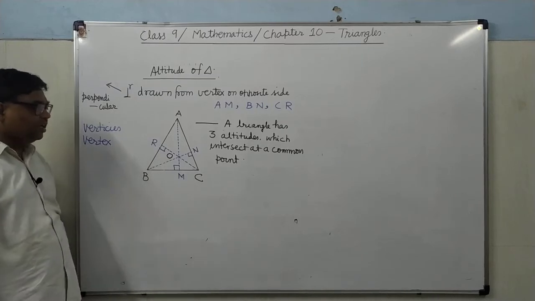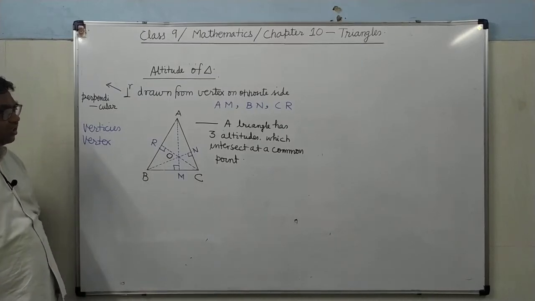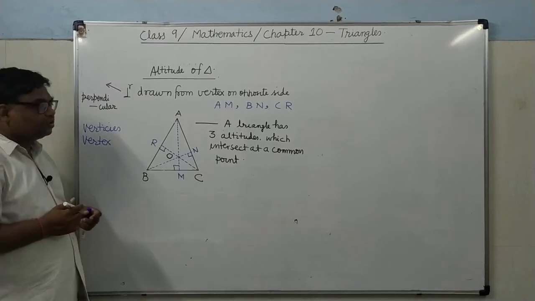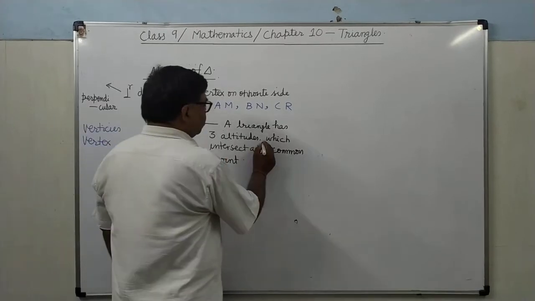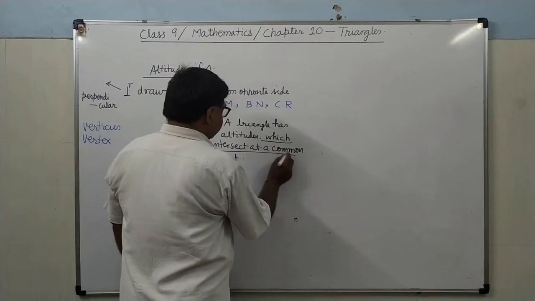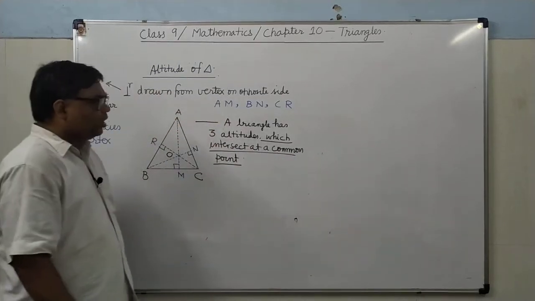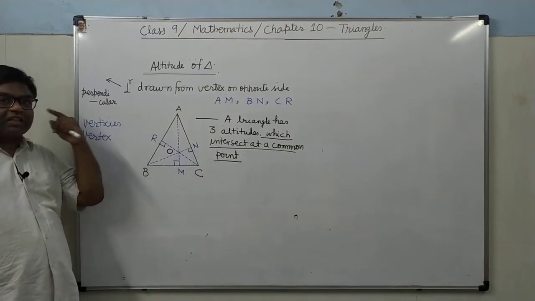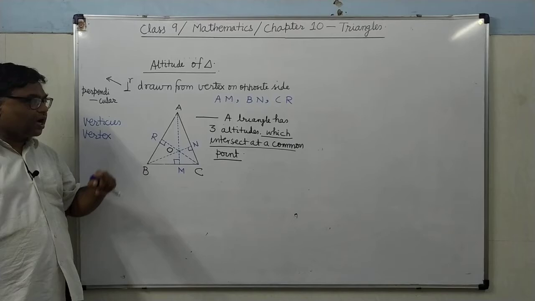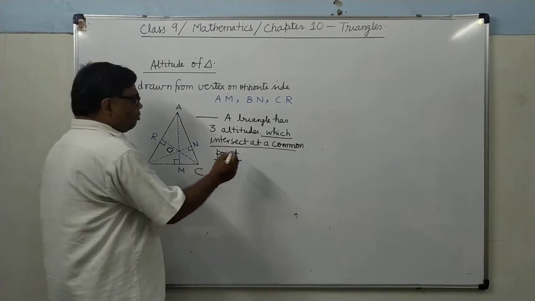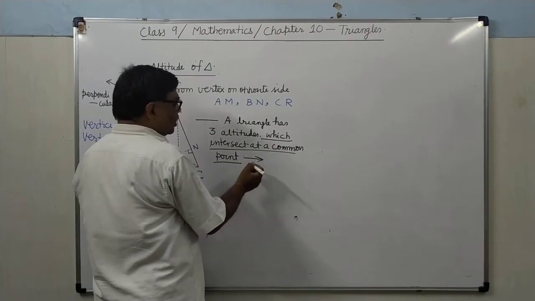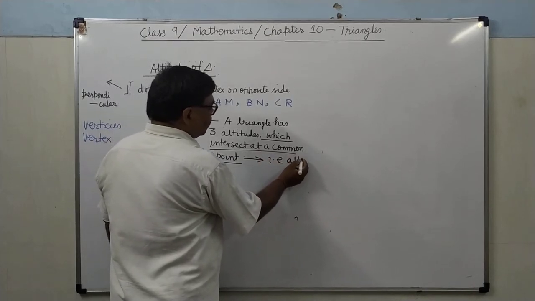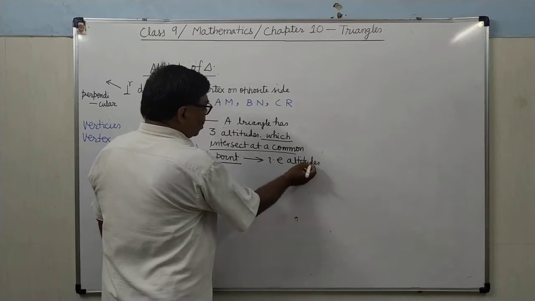It's clear? Here you can see all three altitudes are intersecting at point O. If there are three lines passing through a common point, those lines will be concurrent lines. That is, altitudes are concurrent.